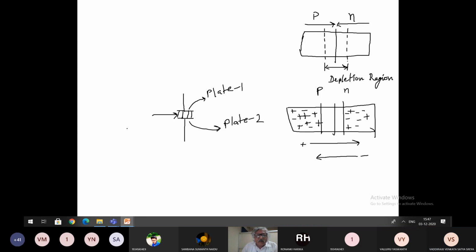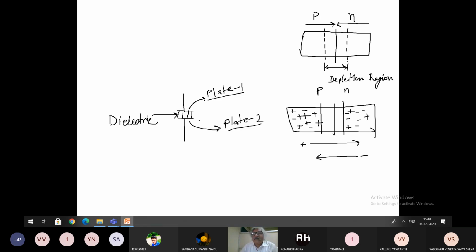Dielectric means the material through which current will not pass, where there are no charge carriers. But plate 1 and plate 2 have charge carriers because they are made of metal, and in metal you will find free electrons. So there are two plates having charge carriers, separated by a dielectric material, right?